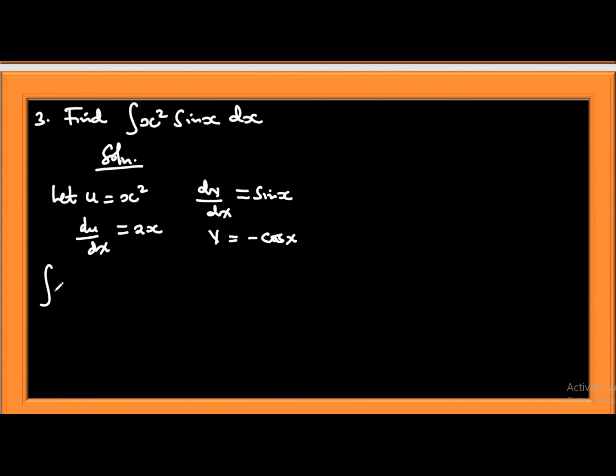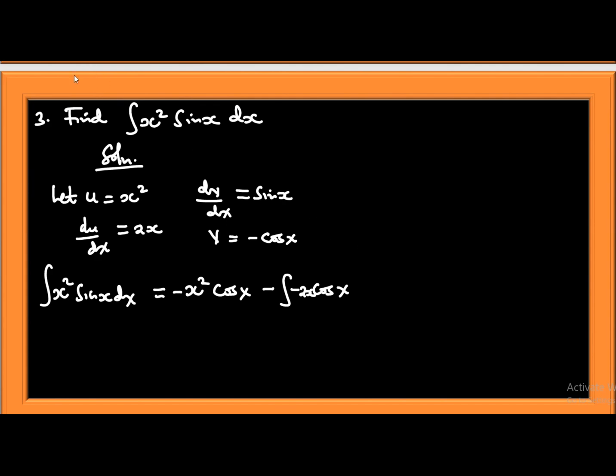So the integral of x squared sine x dx is equal to uv, but our u is x squared. V is negative cos x, so I can have a negative there, cos x, minus the integral of v, which is a negative here, cos of x, but then we have du dx this time round as 2x, so we shall have 2x there.